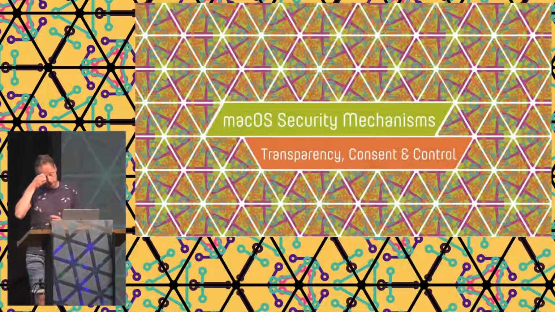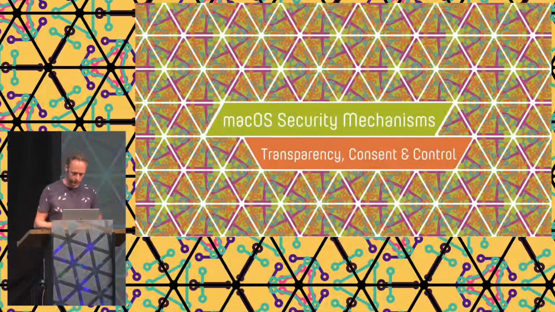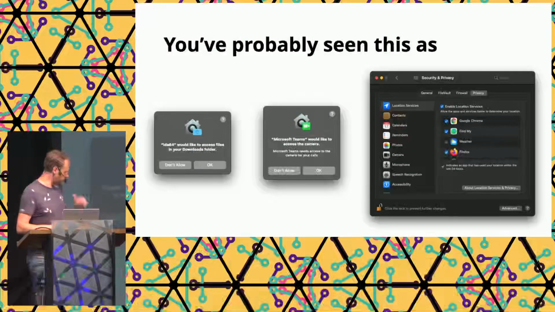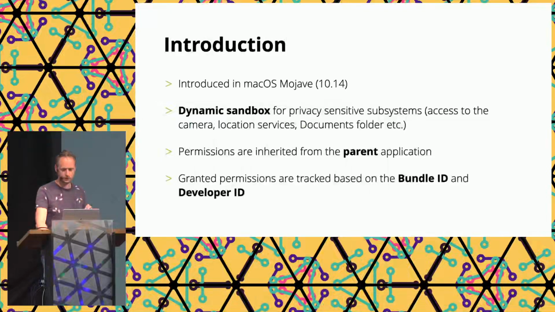So relatively new or unknown is TCC, Transparency, Consent and Control. And those are these pop-ups you might have seen, like, this application wants access to your downloads folder or to your camera, etc. It was introduced in Mojave, and it's like a dynamic sandbox for private sensitive subsystems.